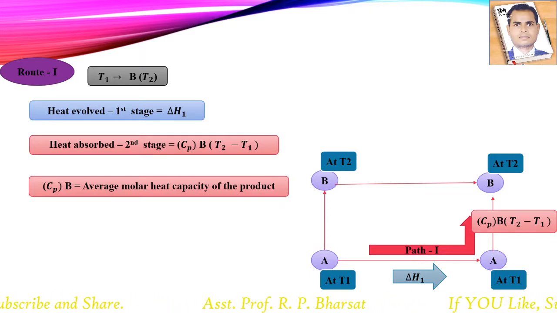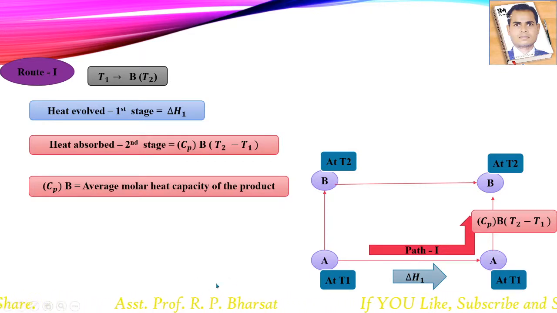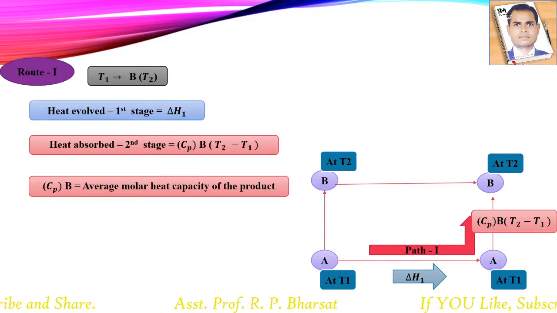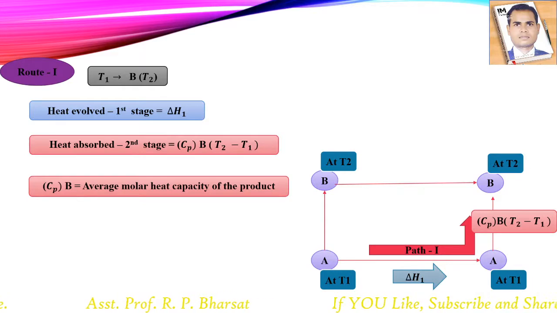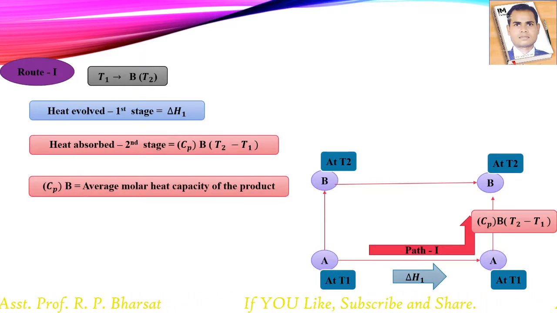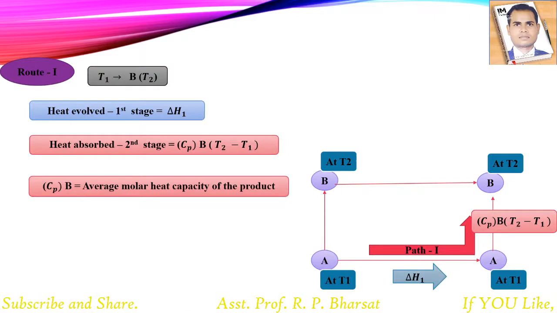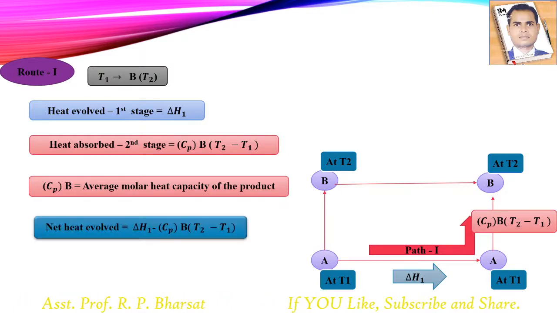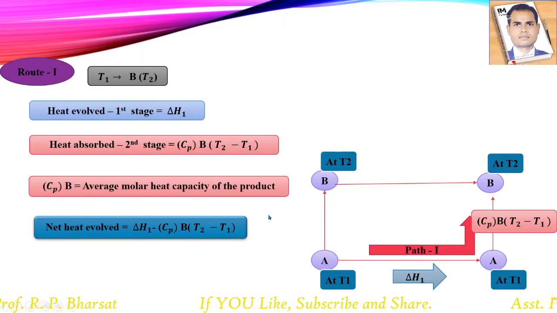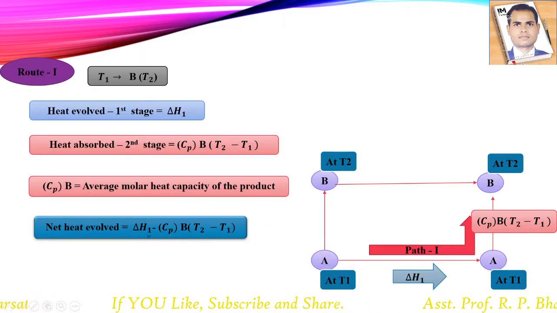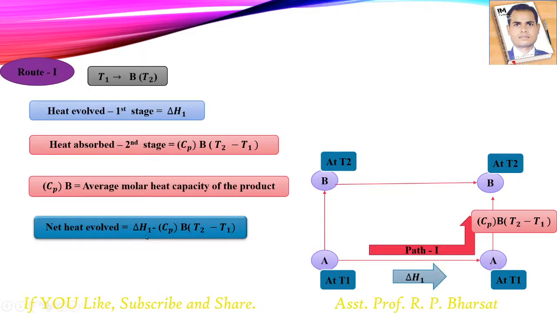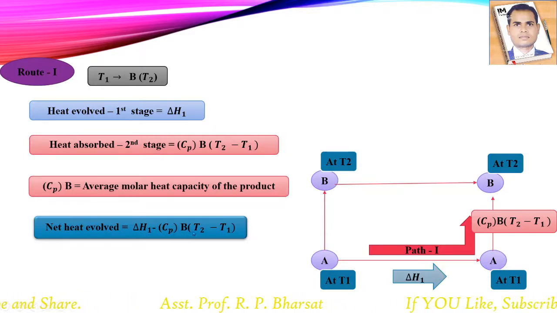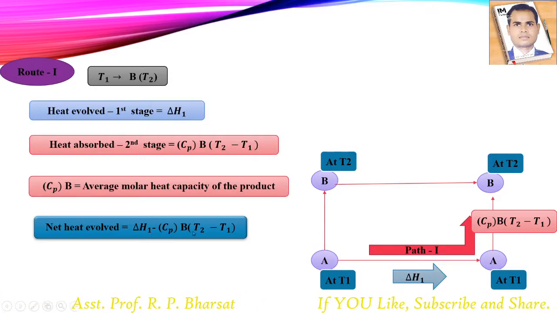In the second stage heat is absorbed, that is Cp B times (T2 minus T1), where Cp B is equal to the average molar heat capacity of the product. In this process the net heat evolved is equal to the change in enthalpy, that is delta H1 minus Cp B (T2 minus T1).